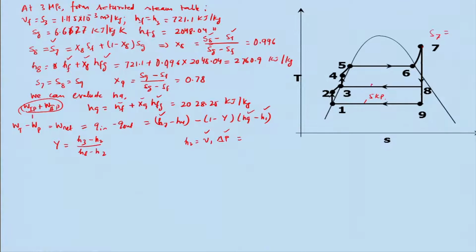Delta P is 8 megapascal, right, and minus this 5 kilopascal will give me that, and this is, if you look at S2 is basically 137.79, and I am sorry, this is plus H1 it will be, right, because H1 is known, this is also known. So, this is kilojoule per kg, right.